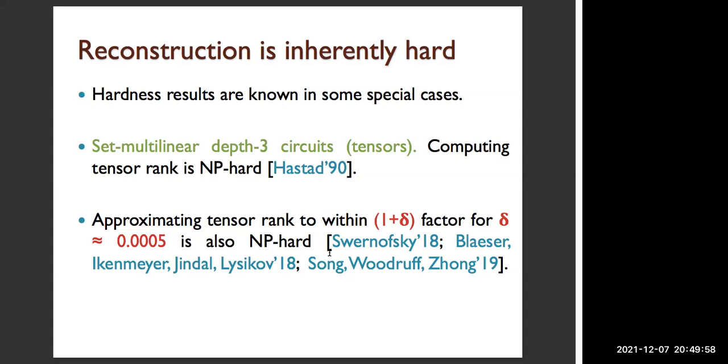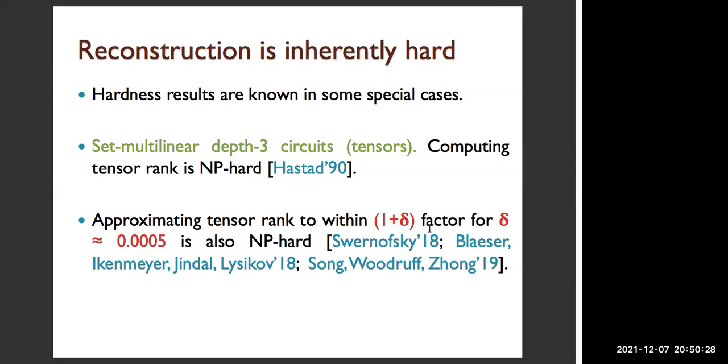So, for example, for the class of set-multilinear depth-3 circuits, we do know of a hardness result. It's a very classical result shown by Håstad. And not only that, we know that constant factor approximation of the minimum-sized set-multilinear depth-3 circuit, which is basically the tensor rank, is NP-hard, but still for a small constant, like 1.0005 something.